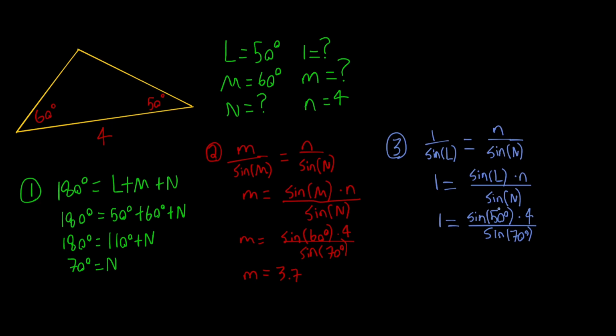So just going to plug everything into my calculator there. And it gives me an answer that L is equal to around 3.3. So just like that, we've solved everything about this triangle.